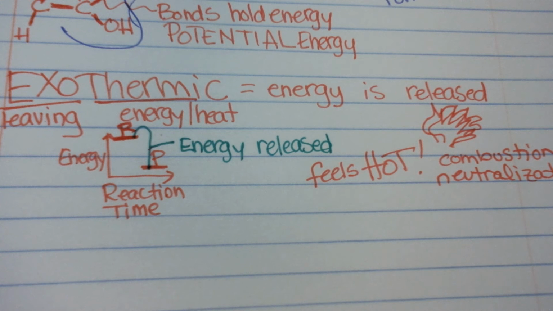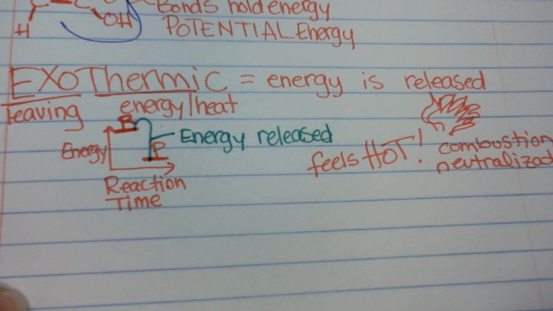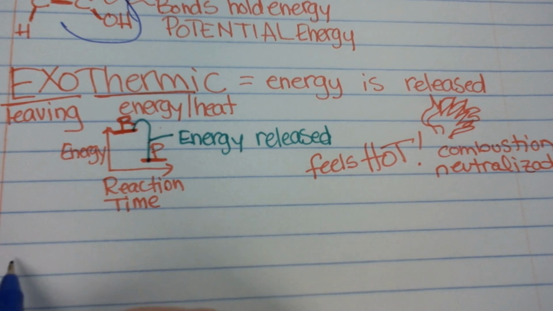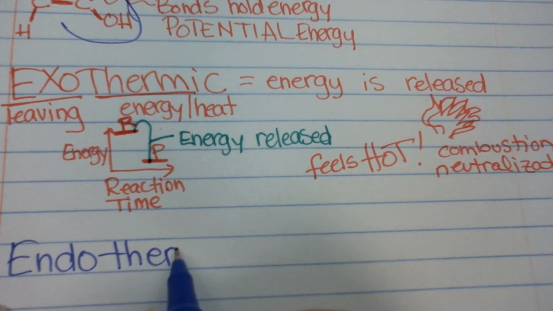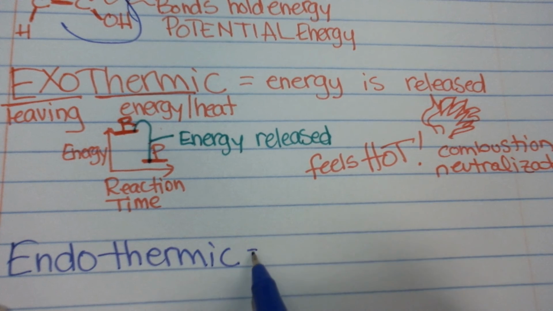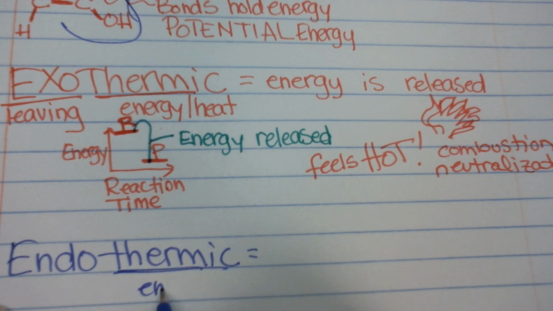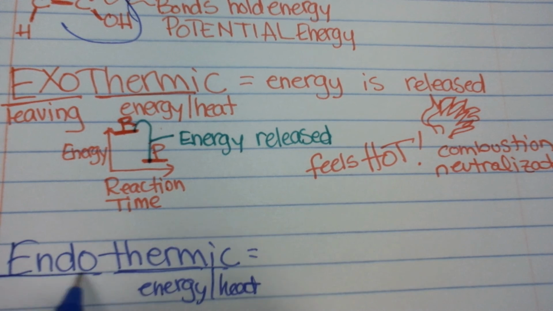So what's the other word? If exothermic is the one word, what's the other word? Endothermic. Right. So we know thermic is energy or heat. What is endo?